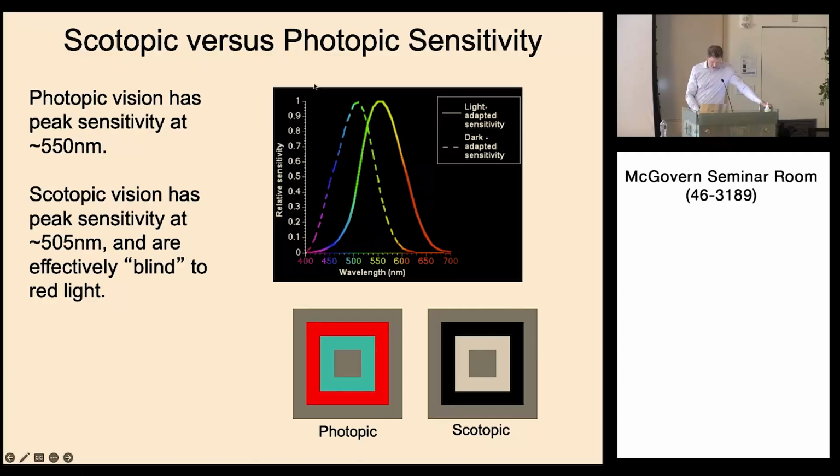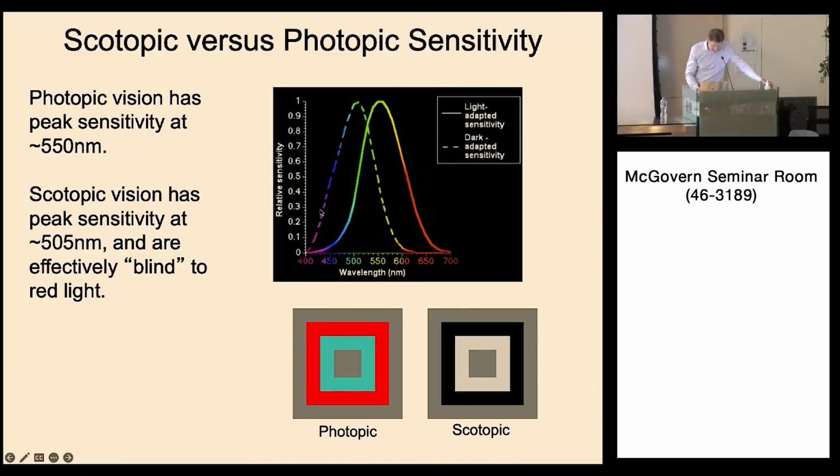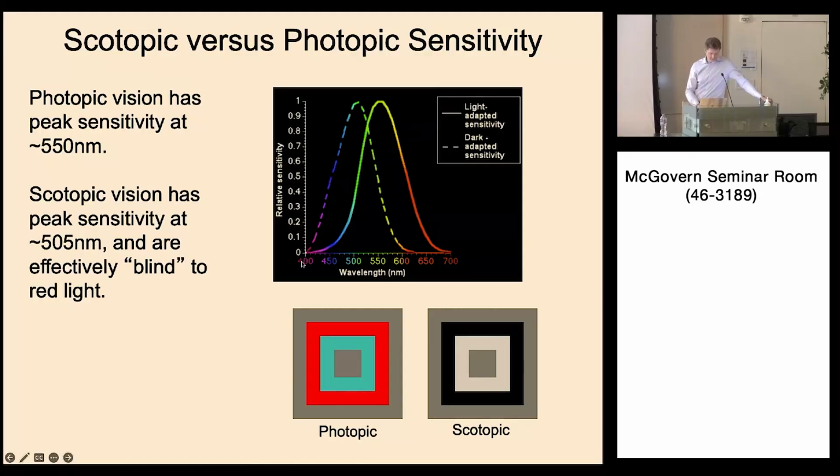So these graphs here show sensitivity as a function of wavelength. Sensitivity is like 1 over the threshold. Okay, so if you're very, very sensitive, that means your detection threshold is low. And so in photopic conditions, where you're reliant on your cones, peak sensitivity is around 550 nanometers. Scotopic vision, by comparison, has peak sensitivity at 505 nanometers.